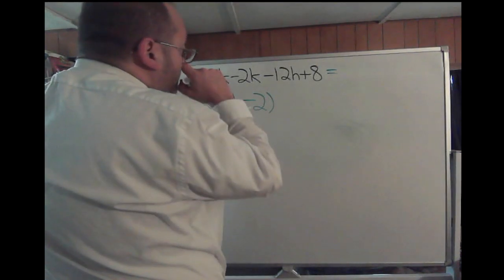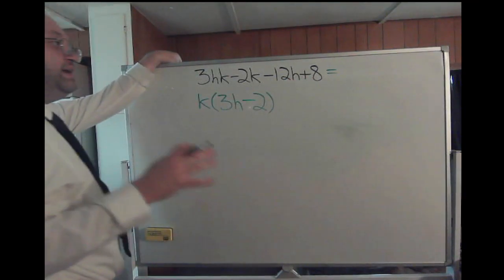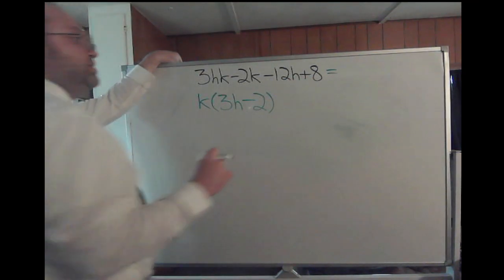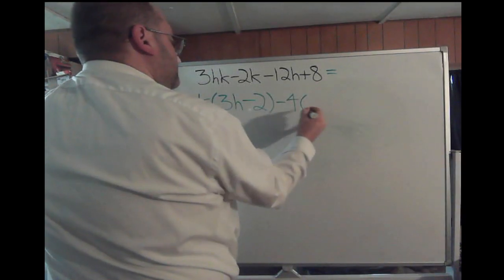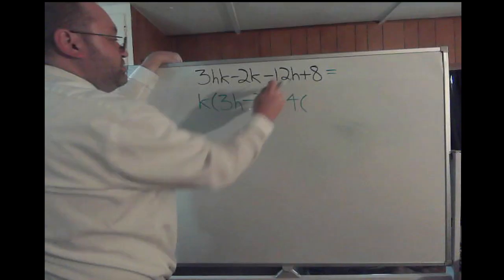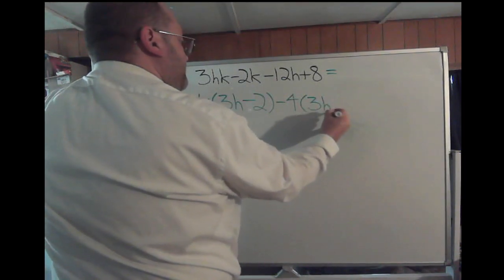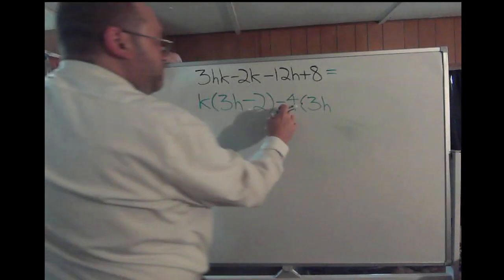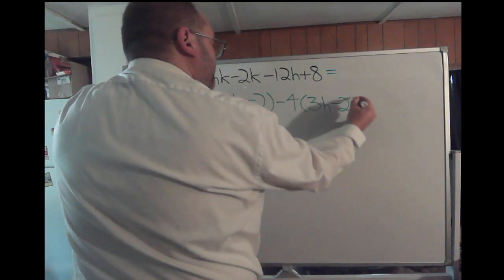Now, between the second two terms, negative 12h and positive 8, what's the greatest common factor? That'd be negative 4. So you'd have minus 4. So negative 4 times what equals negative 12h? That'd be positive 3h. Then negative 4 times what equals positive 8? That'd be negative 2.